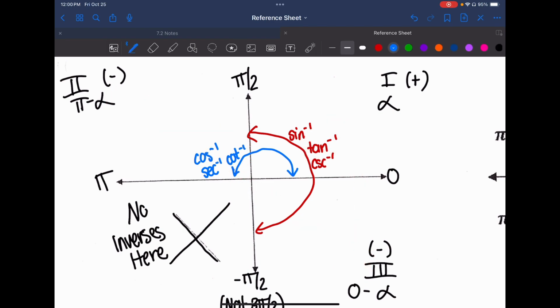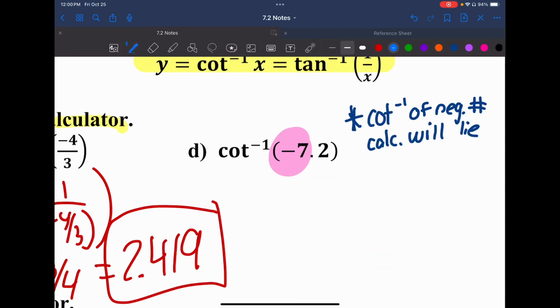Okay, so whenever you have to type it in your calculator, the inverse tangent doesn't work. So what we're going to have to do is add pi to it to get it from here back to over here. Only add pi if it's negative cotangent.